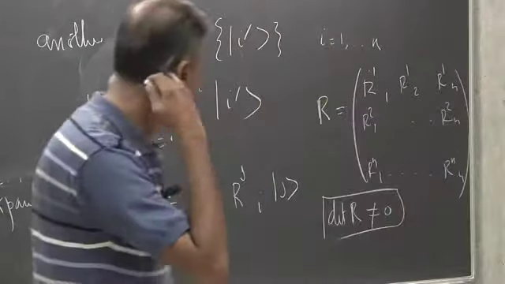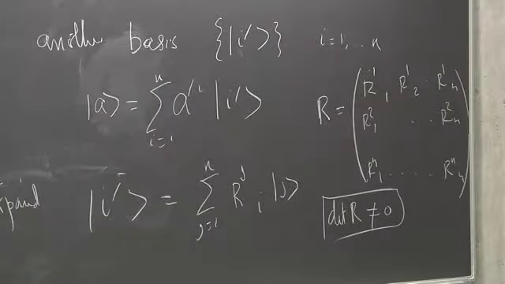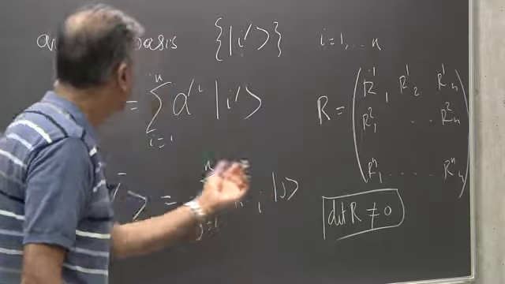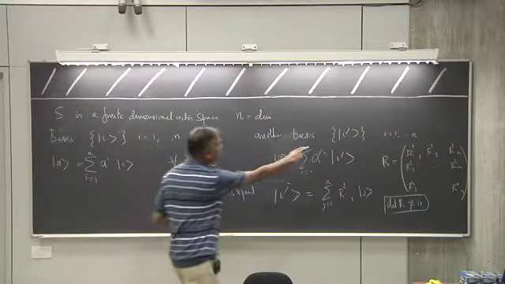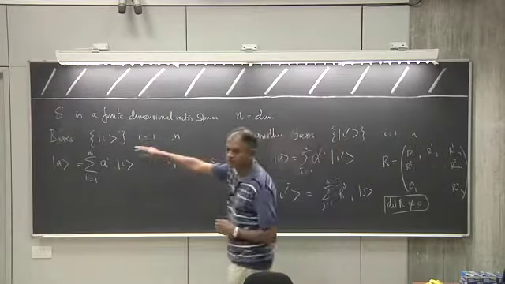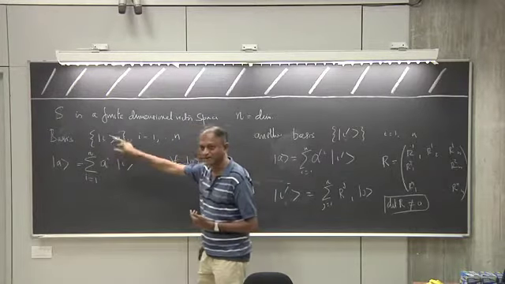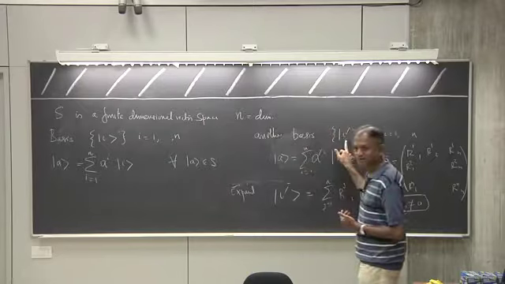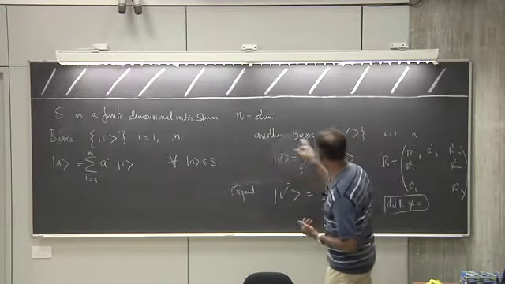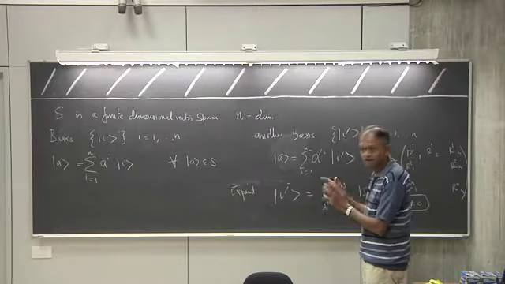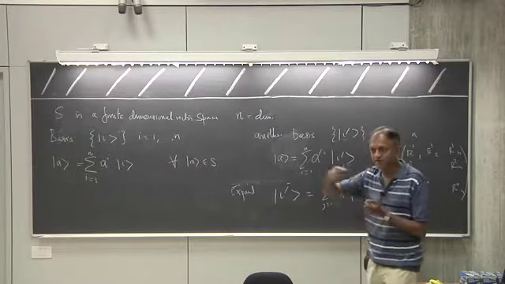The reason is easy to understand. I went through this proof, but let me remind you. Here I expanded the new basis vectors as linear combinations of the old basis vectors. But I could have expanded the old basis vectors in terms of the new basis vectors. In that process, the coefficients which appear will be the coefficients in the inverse matrix, because that's an inverse map.